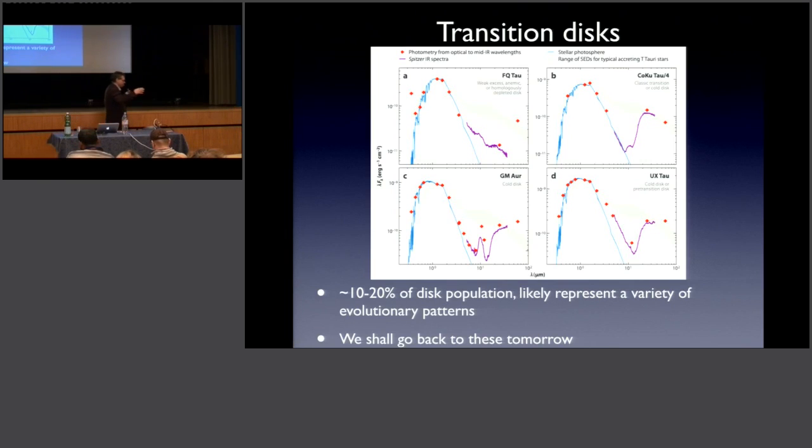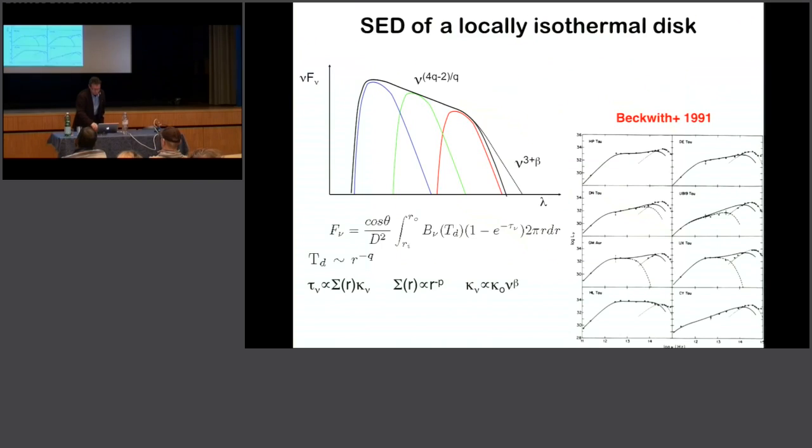So you have 80 to 90% of your disk lifetime in the classical phase, and then 10 to 20% in this phase, and then you are without a disk, essentially, okay? We will go back to this tomorrow, because this may be related to the processes of planet formation or the dissipation of the disk, and I'm sure Phil will discuss them as well.